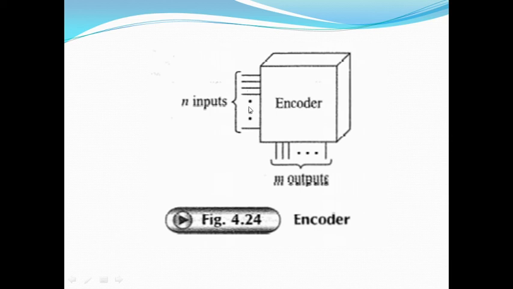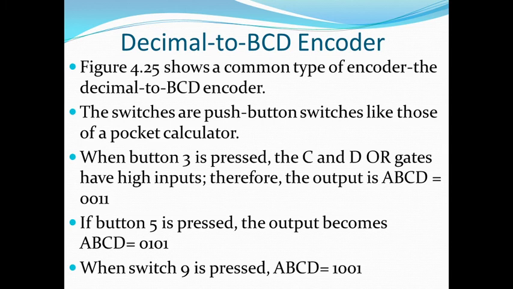Inside, there is a circuitry which converts this active input signal into a coded output signal, and the coded output may be of m bits. So m output signals are required. This is just a block diagram of an encoder.